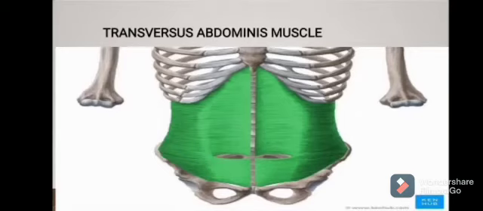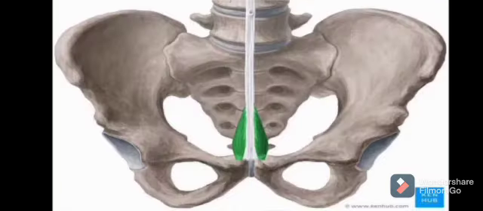You can say from the 7th to 12th ribs, as well as from below, from the iliac crest and inguinal ligament, and again its fibers meet in the midline. And this is the small vestigial pyramidalis muscle, which has no recognized function, and it is not that important.